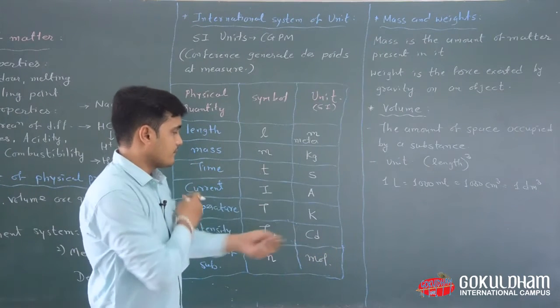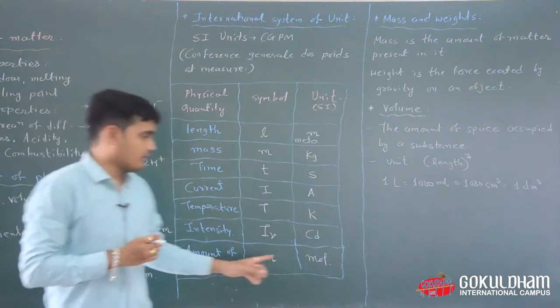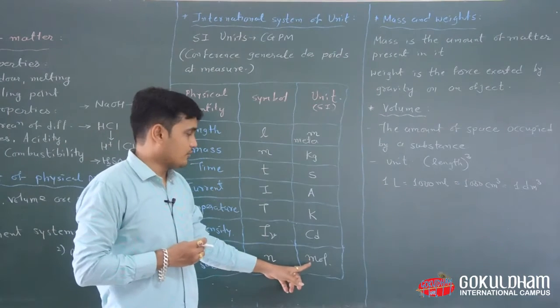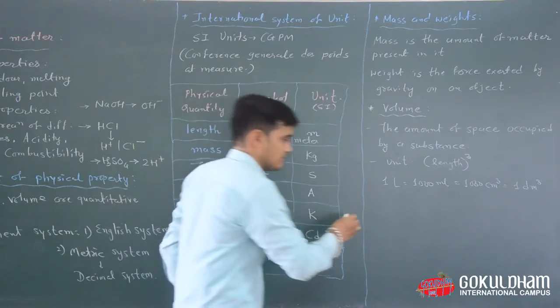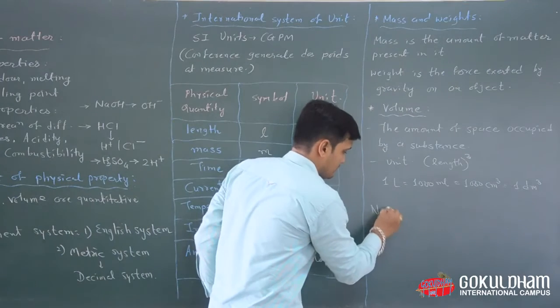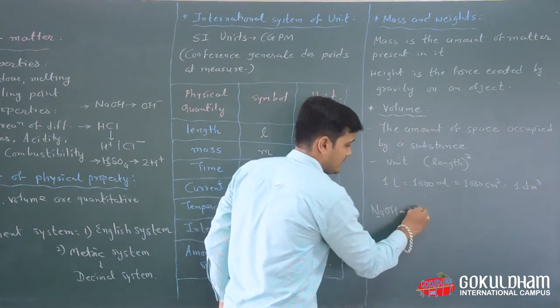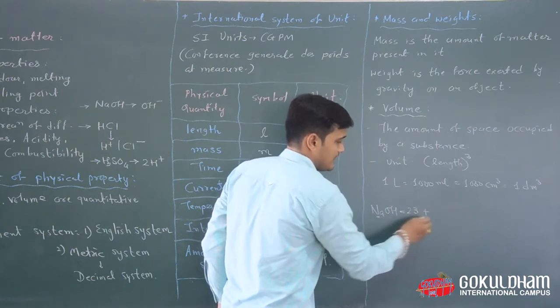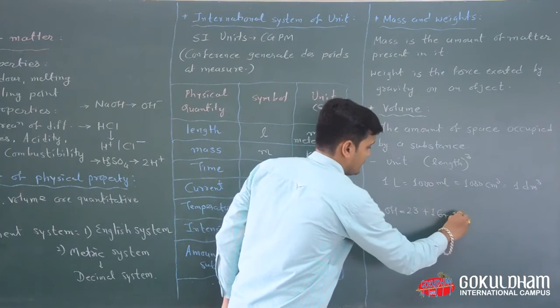Mole means, suppose I want to make 1 molar solution or 1 mole of NaOH, then you have to take the molecular weight of any substance. NaOH means sodium containing 23 plus oxygen has atomic weight of 16 plus hydrogen has atomic weight of 1.